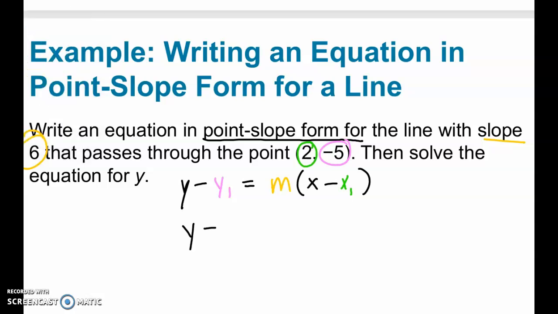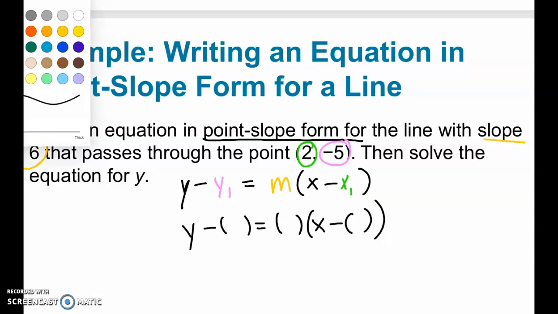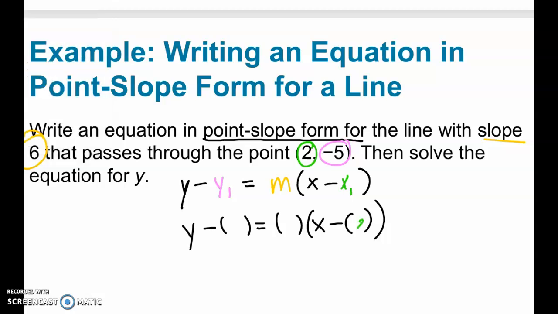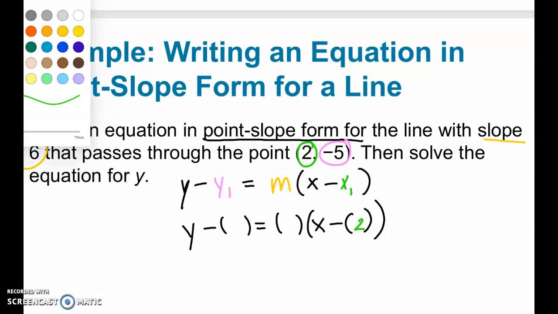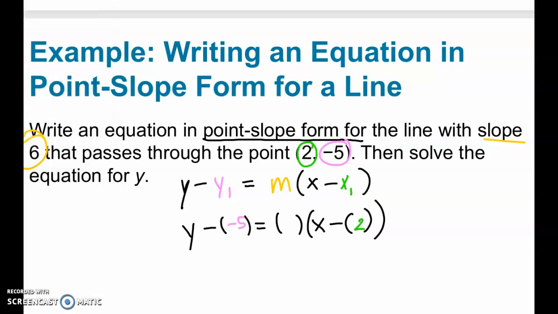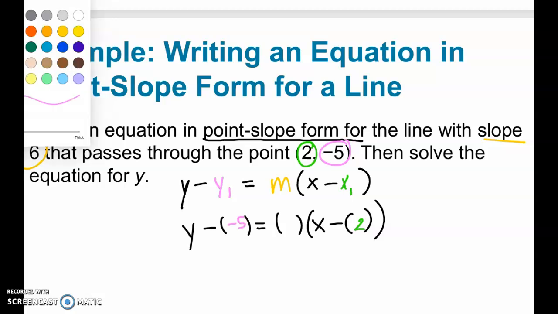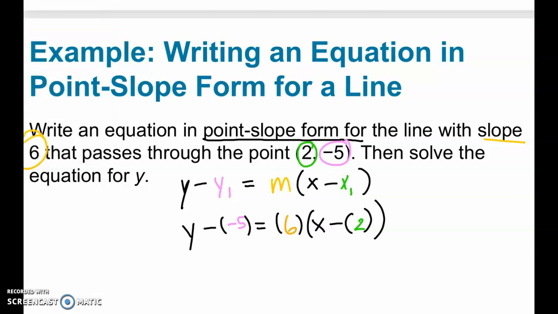So I'm going to say y minus, and again, what you could do is put in these little blank spots. And that's to help us when we are writing this so we don't mix up any negative values. So x1 is 2, y1 is -5, and the slope is 6.